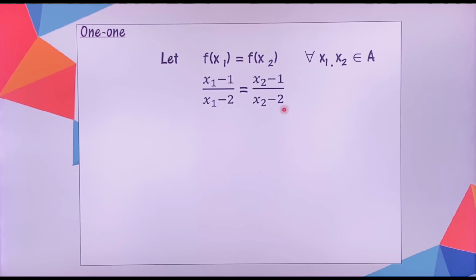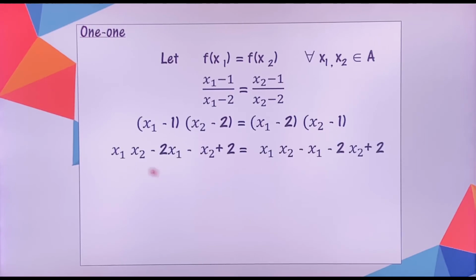We get (x1 − 1)(x2 − 2) = (x1 − 2)(x2 − 1). That means x1x2 − 2x1 − x2 + 2 = x1x2 − x1 − 2x2 + 2, which implies −x1 = −x2. That means x1 = x2.